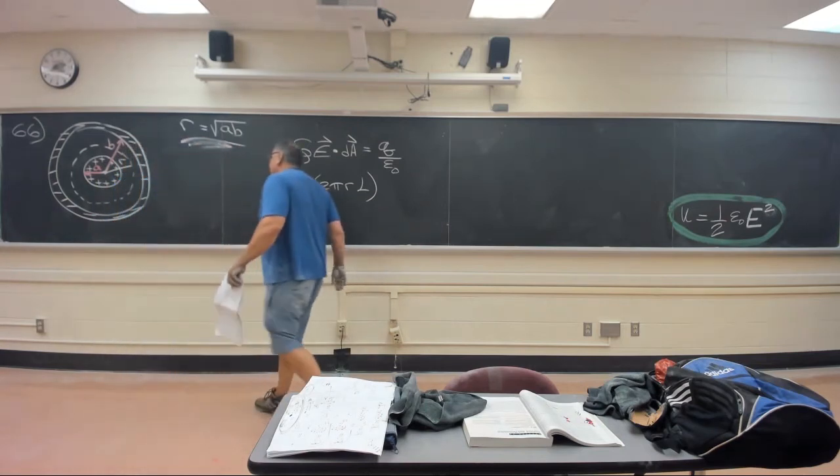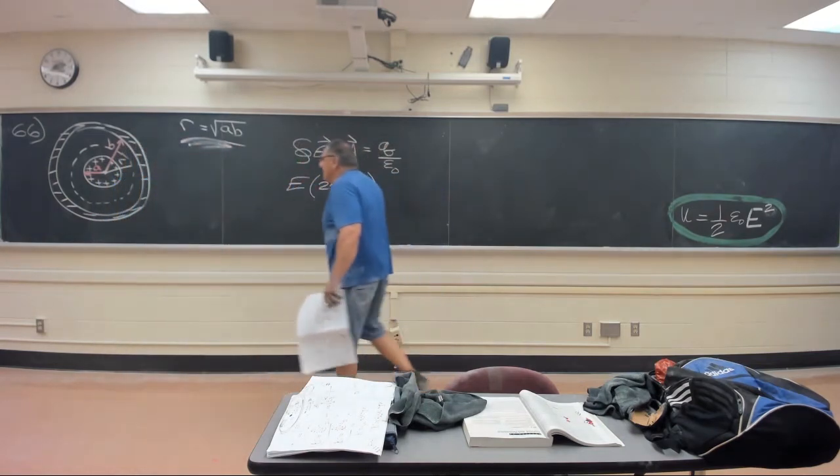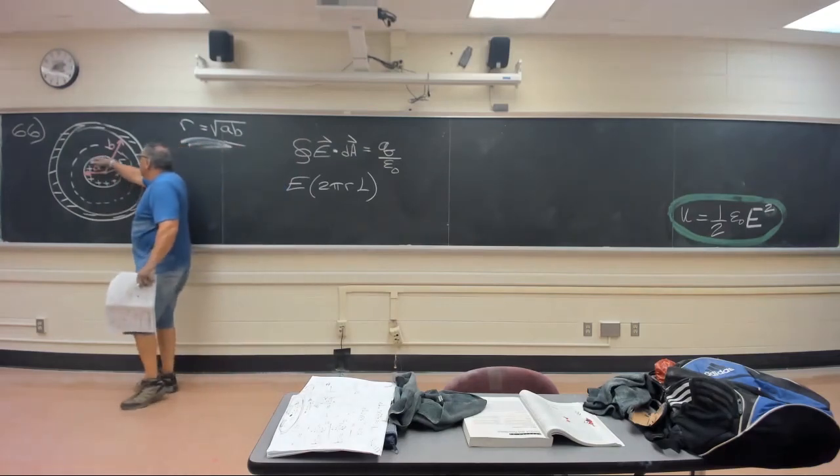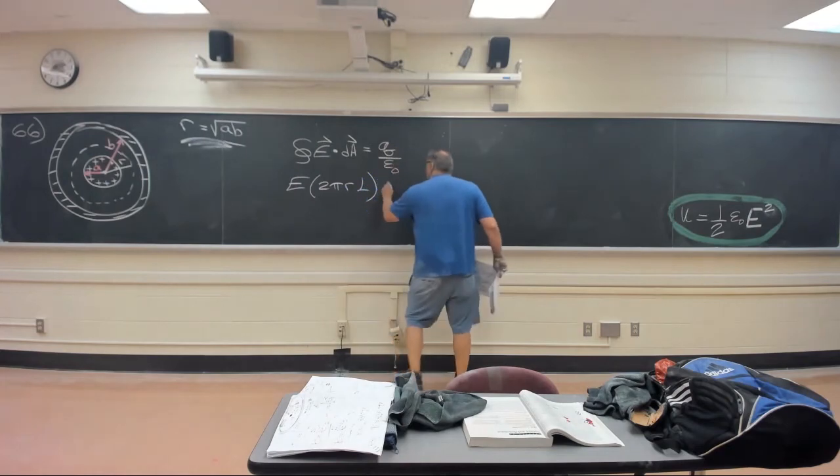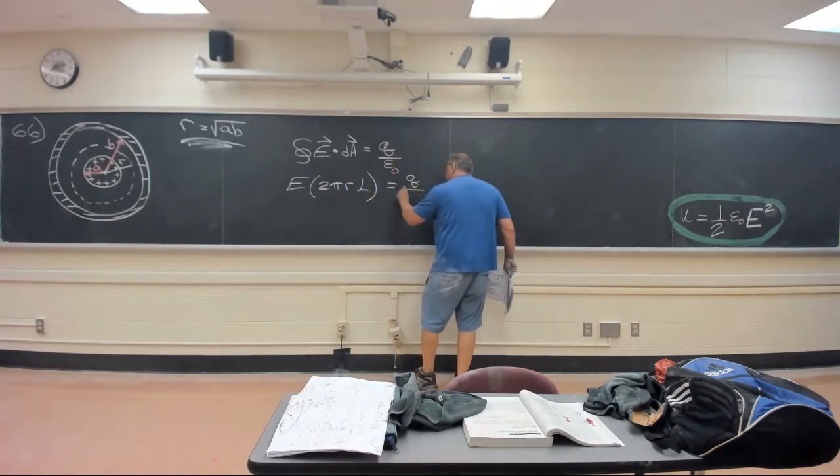The E field is going to cancel out there, but the E field here is going to have significance. Okay, so E times 2 pi r L equals Q over epsilon naught.